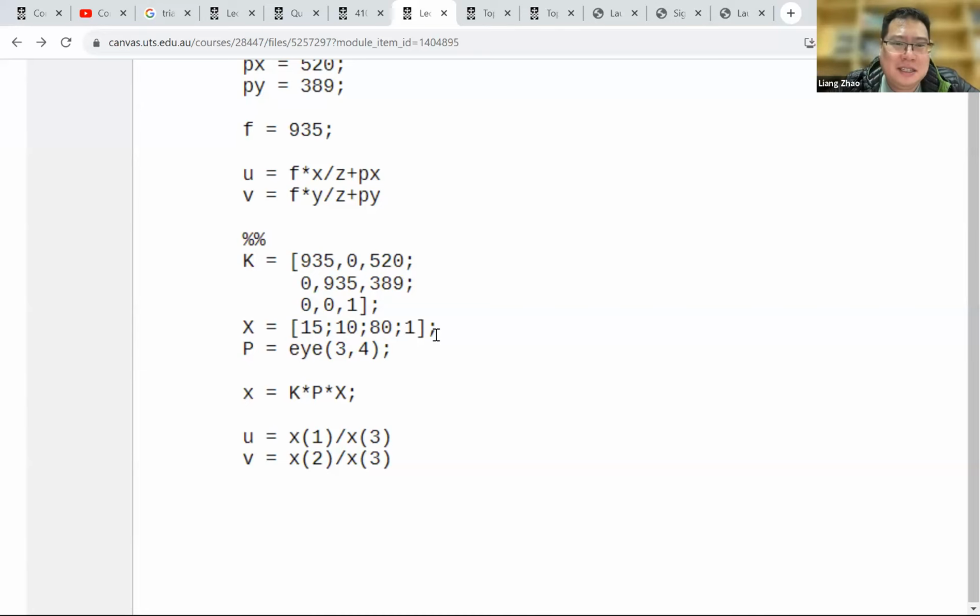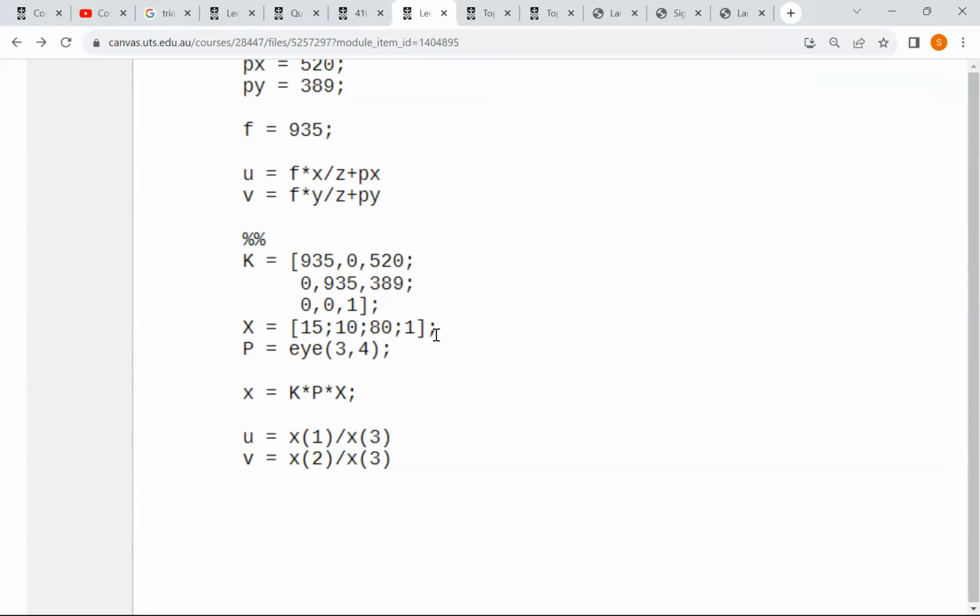For a homogeneous 3D point, let's say the capital X, if you multiply by n, where n is not 0, it represents the same point. That's why we call it homogeneous.